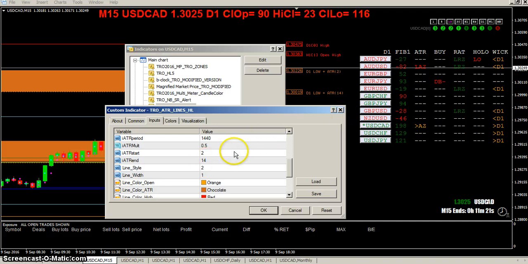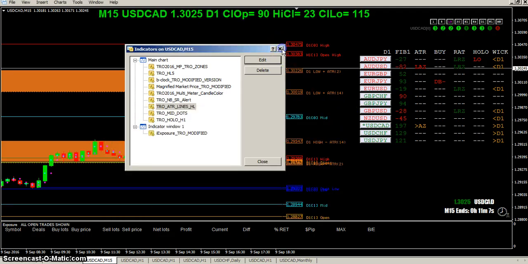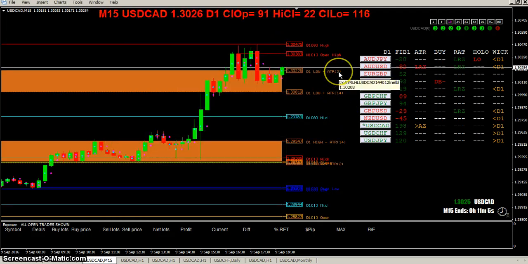And what the indicator will do is it'll run a loop and it'll see what the minimum ATR between 2 and 14, so it'll look at ATR2, ATR3, ATR4, and so on. And it just so happens in this case we had ATR2 was the max and ATR14 was the minimum.